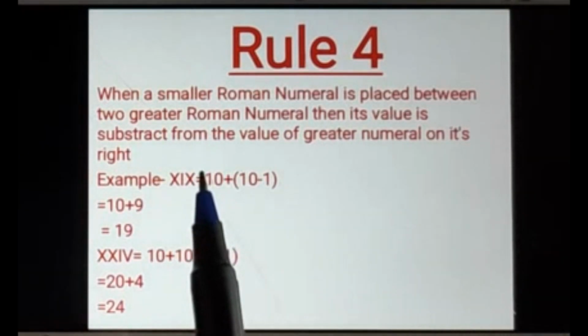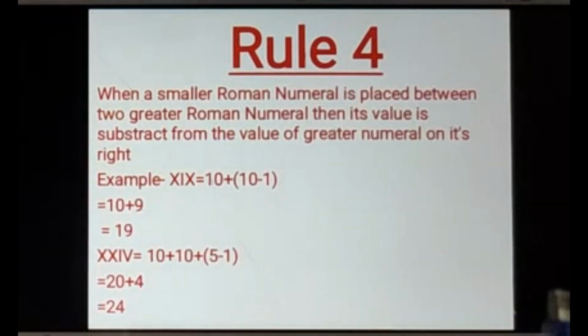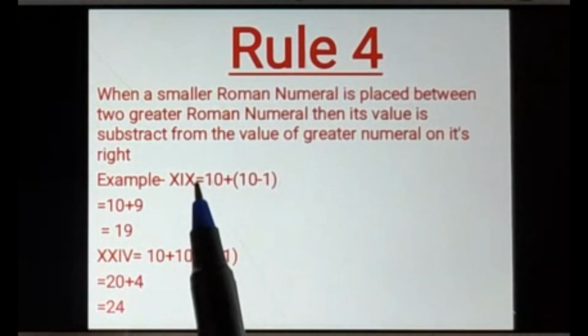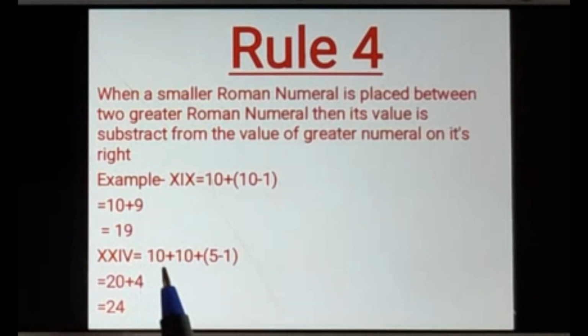Nothing but whenever you have a smaller Roman numeral between or at the center of greater Roman numerals, then its value will get subtracted from the value of the greater numeral which is on the right hand side. Okay, so XIX is equal to 19, XXIV is equal to 24, because V is a greater Roman numeral than I. So in this condition, the subtraction will take place.